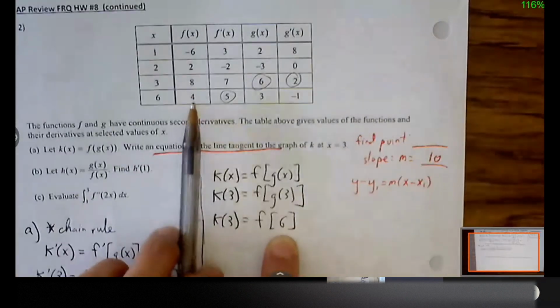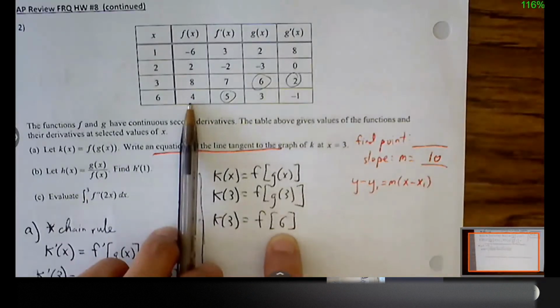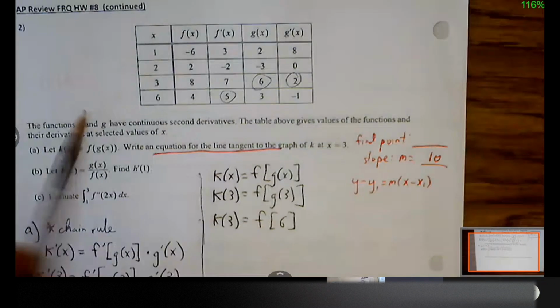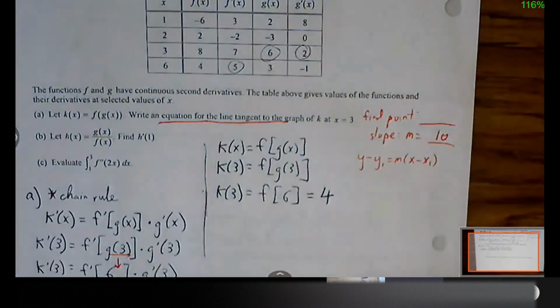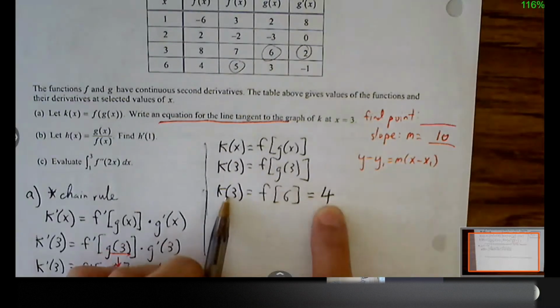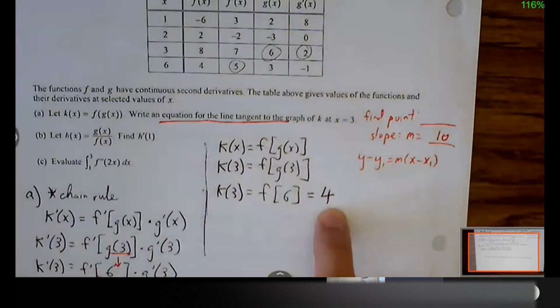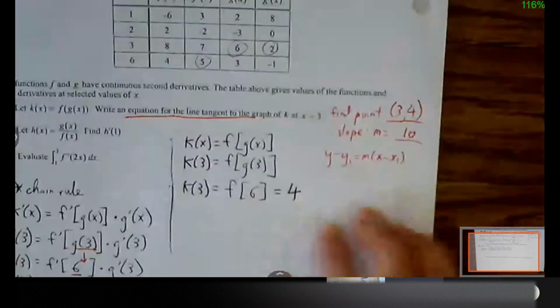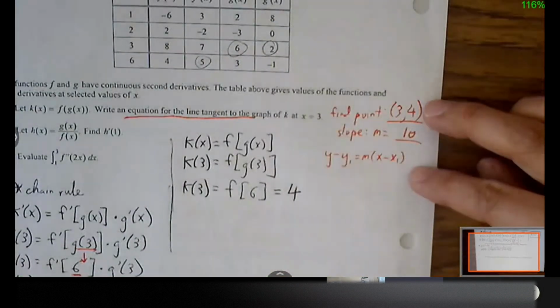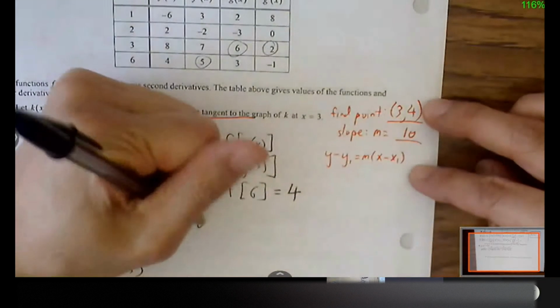My bad. Yeah, ordered pair, not the derivative. F of 6 equals 4. Okay, so we have our x and y value, 3, 4. There's our ordered pair, there's our slope. Now point slope form.